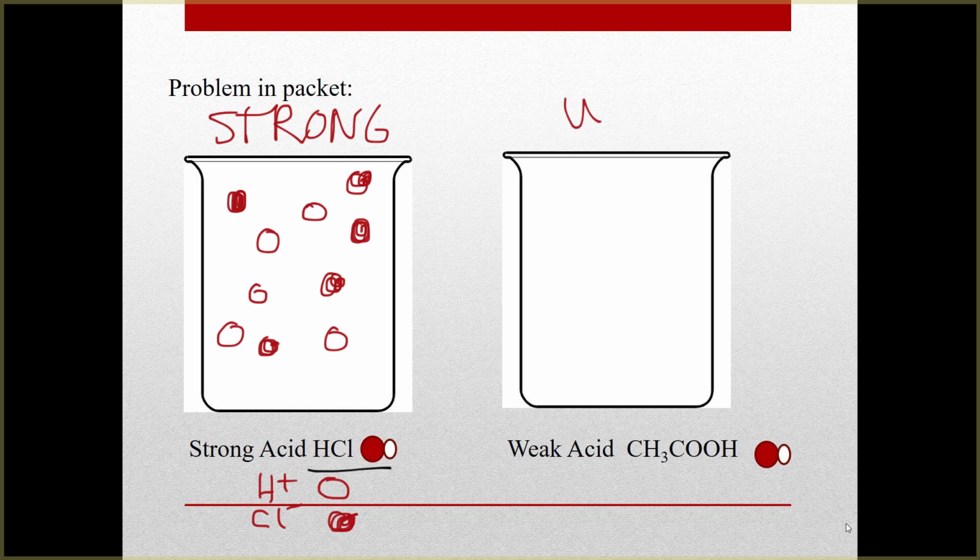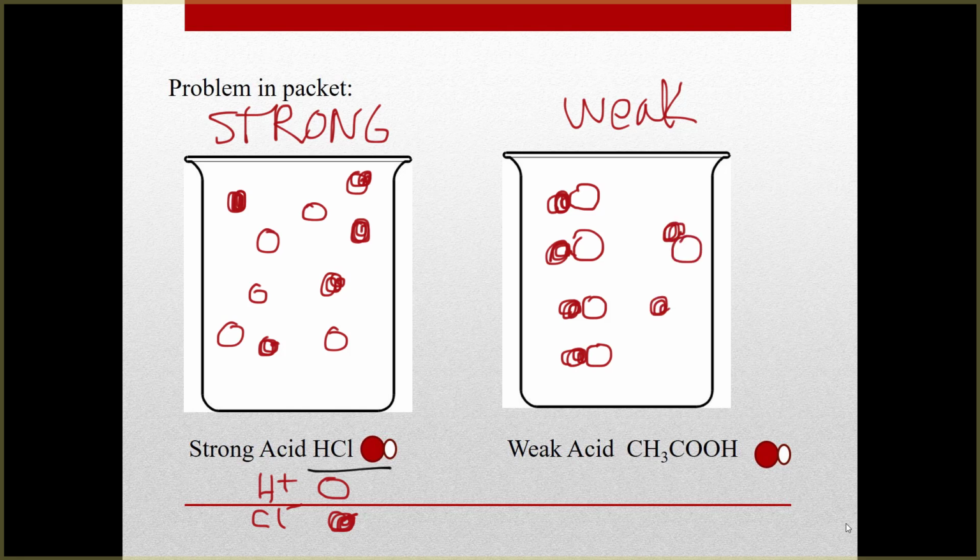This one's my weak acid. It's not a part of that strong acid list. And for this one, you're going to draw the acid staying together. So the majority of it will be together. And maybe I'll put just one separate.